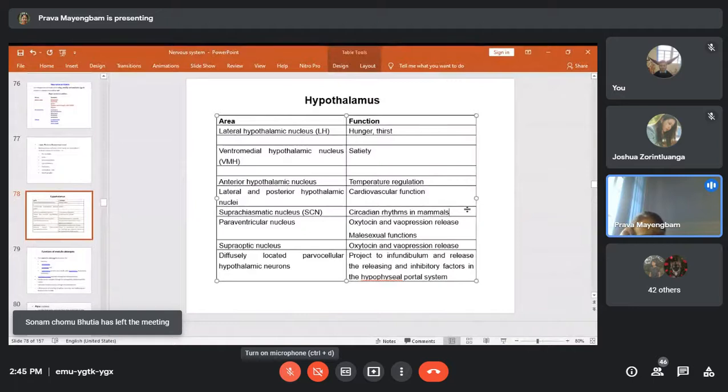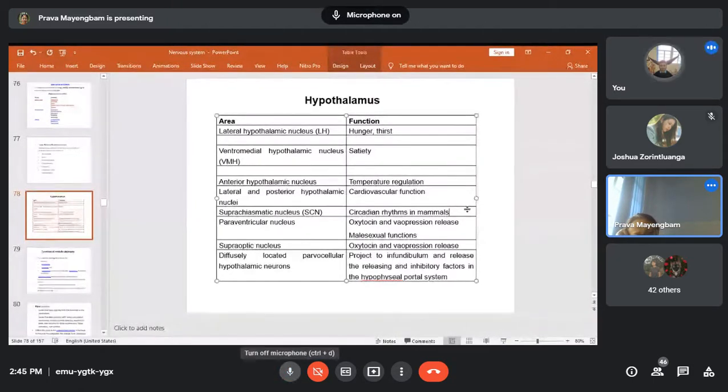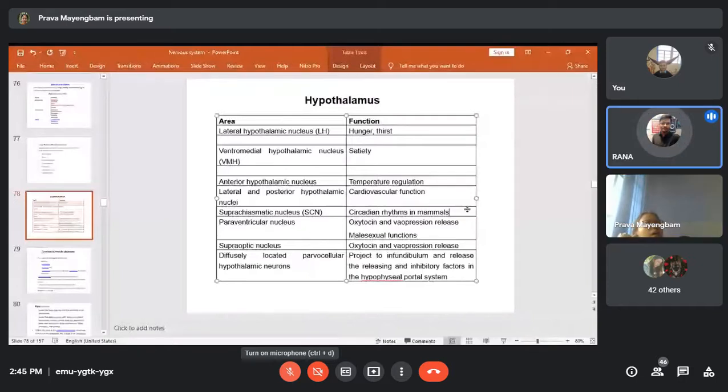Have you heard this term, circadian rhythm? Ma'am, due to day and night sleep, due to melanin, 24-hour cycle.